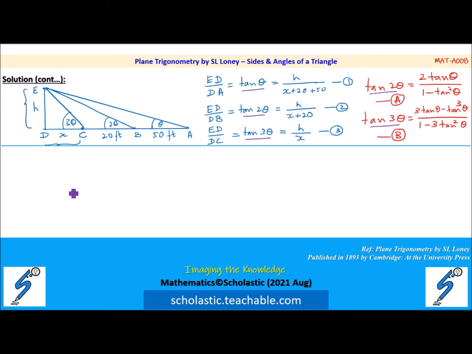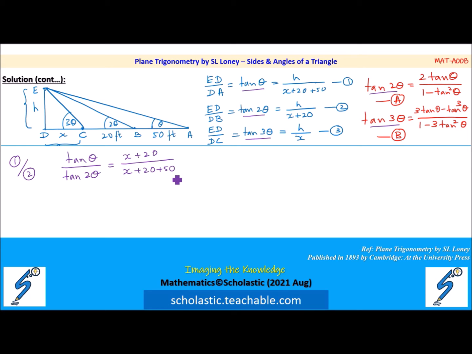So let's try one equation one way. 1 divided by 2 will give us tan theta divided by tan 2 theta is equal to this right hand side, x plus 20 will come top, and then the denominator will become x plus 20 plus 50.